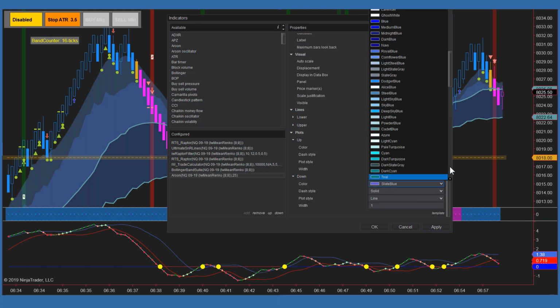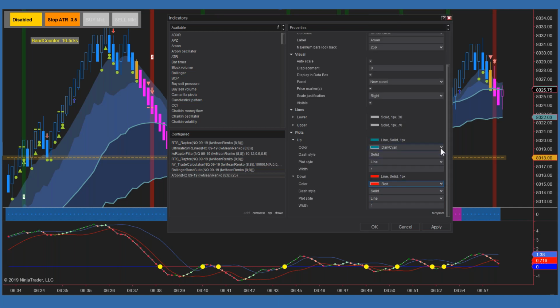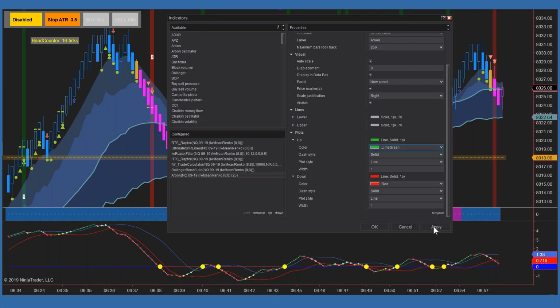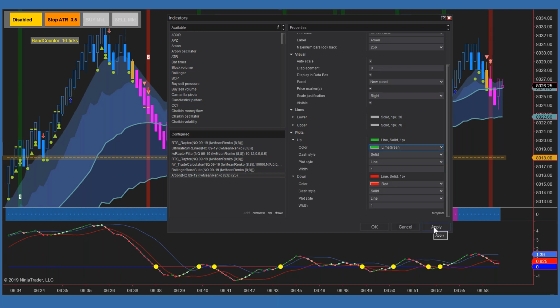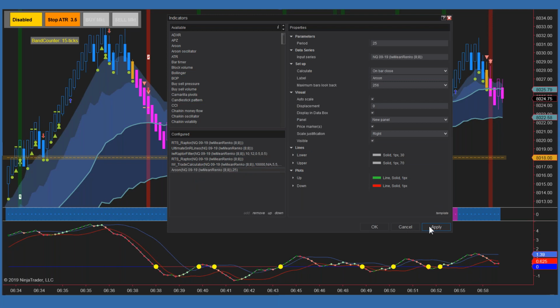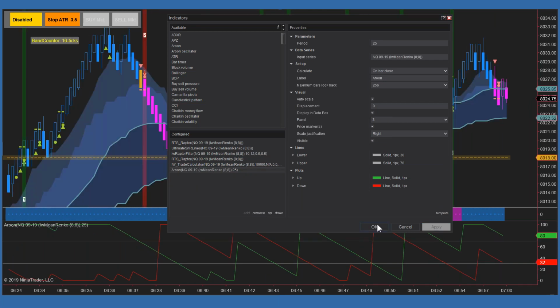So with the down, let's make it red. And with the up, let's make it green. I'm going to delete the Bollingers for right now, just so we don't have too much stuff going on.